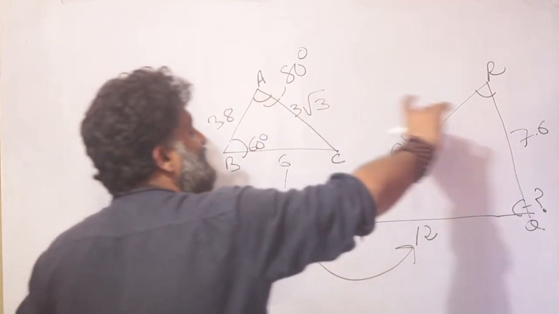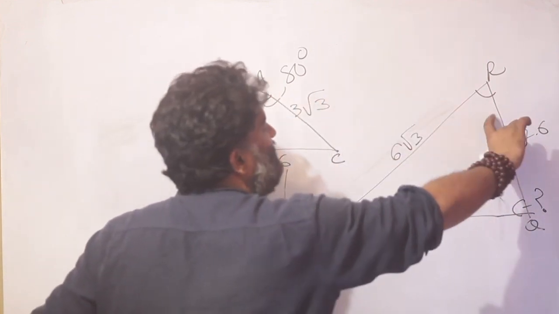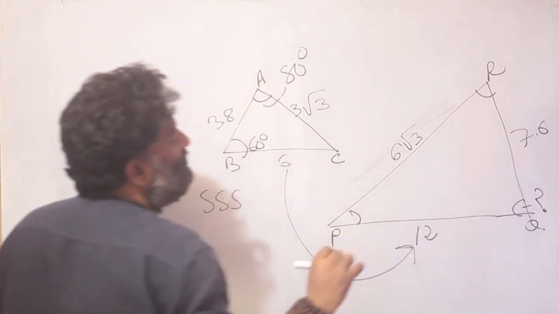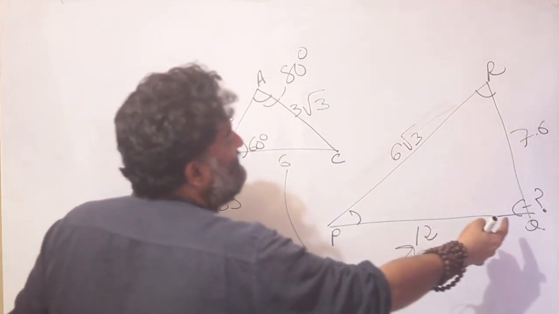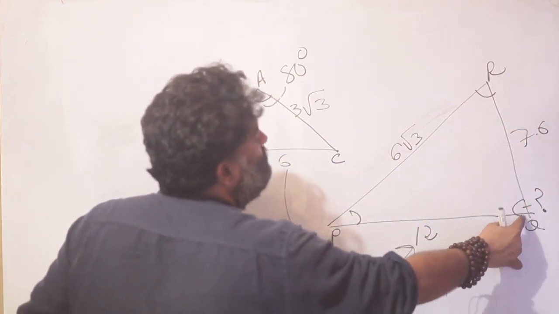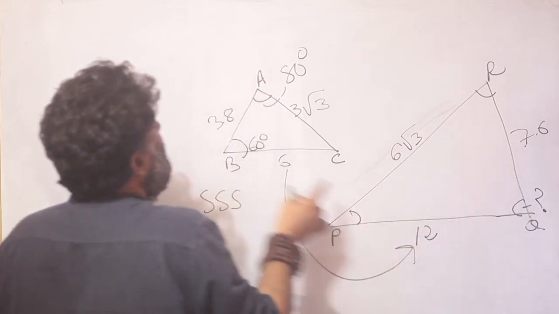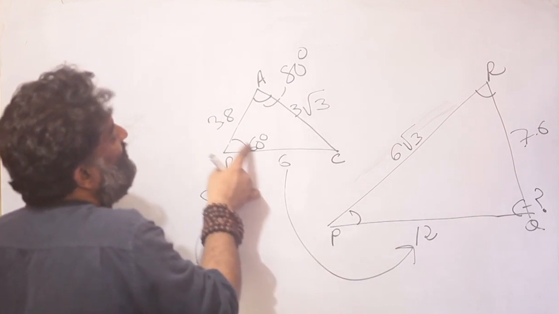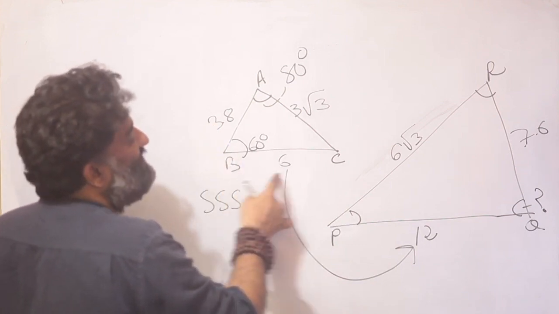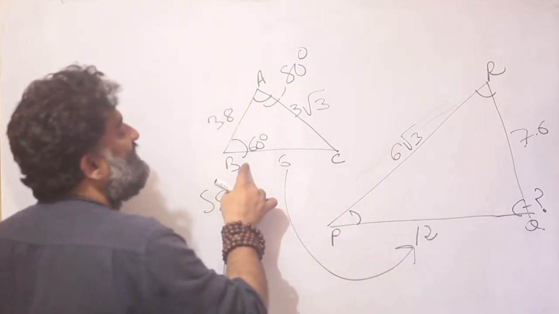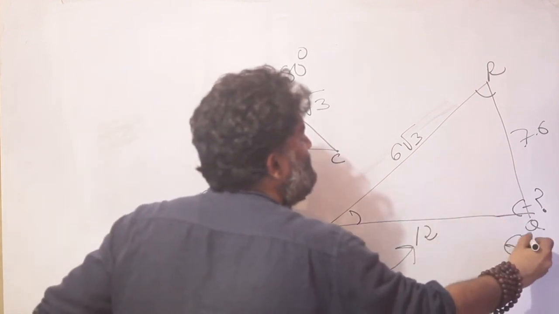That means AB corresponds to RQ. And once I know this information and I'm looking at angle Q, I see angle Q is between 7.6 and 12. Angle Q should be between the corresponding sides. That means angle Q corresponds with angle B, and straight away this is going to be 60 degrees.